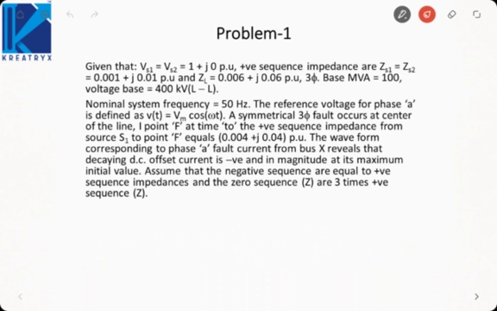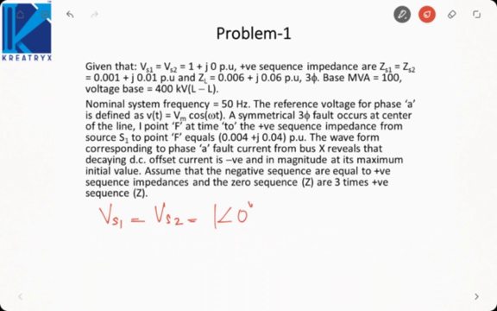It is given that Vs1 is equal to Vs2, 1 plus J0. That means Vs1 is equal to Vs2, that is 1 angle 0. Then positive sequence impedances Zs1, Zs2 are 0.001 plus J0.01.